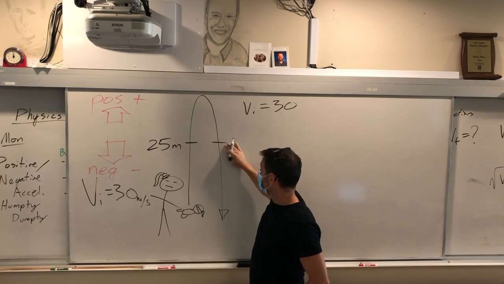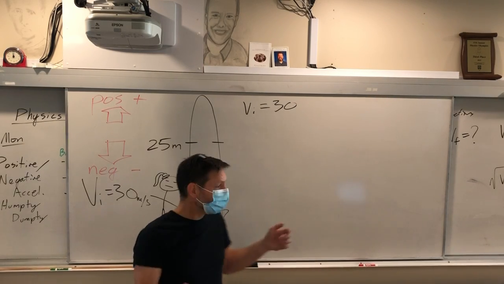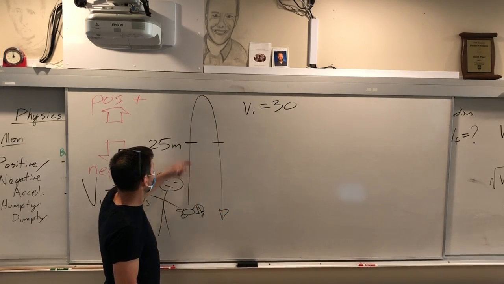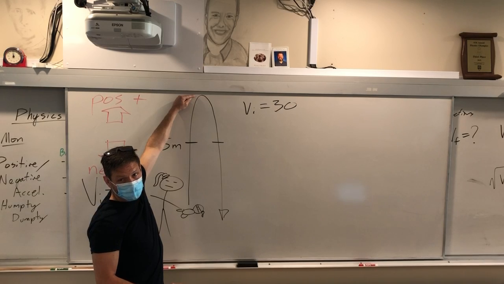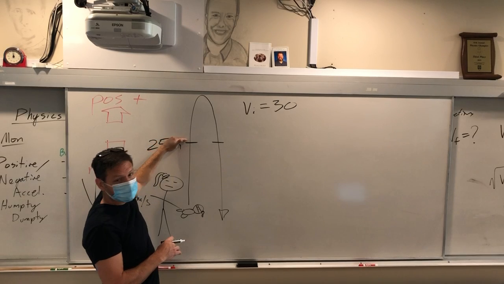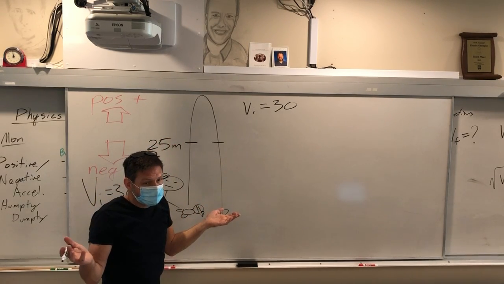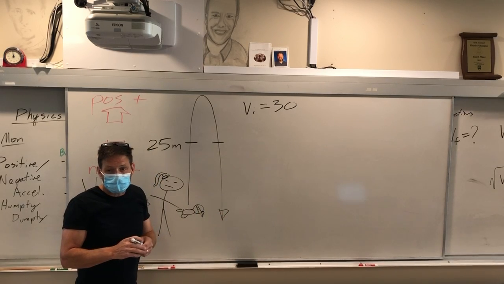No, it's not the top. So we can't say that VF is 0. If we wanted to know how high the doll went at its highest point, then we would make VF 0 and we would solve for D. But we don't know what the velocity is here. So VF is out. What else do we know?